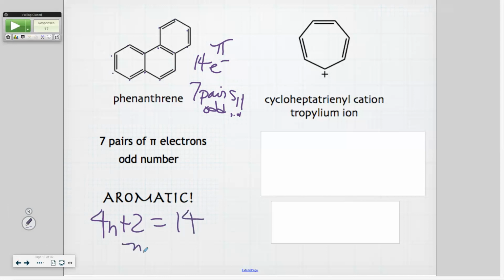What's n? 3. Right? 14 minus 2 is 12. 12 divided by 4 is 3. Is that an integer? Yes.